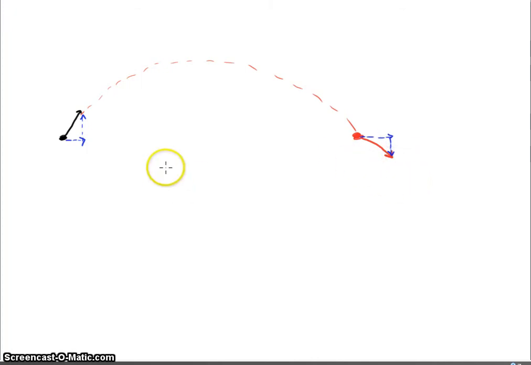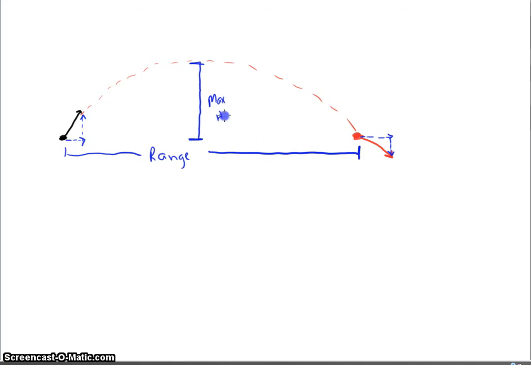And what you'll find, if this is drawn more reasonably and better, is that you can find the range here. If we go from here to here, we can find the maximum height. Okay, and we can find all of those things by using vector analysis, using how long it takes to go up, how long it takes to come down, etc.